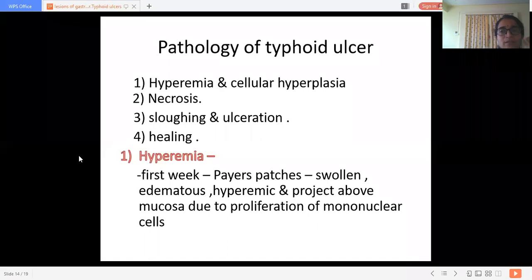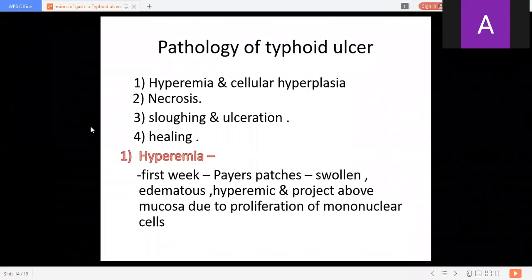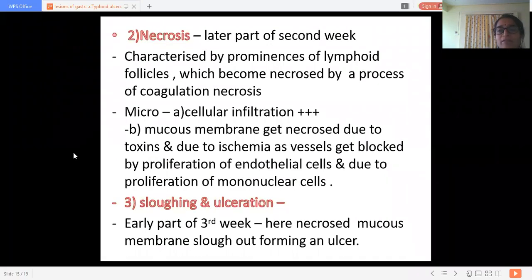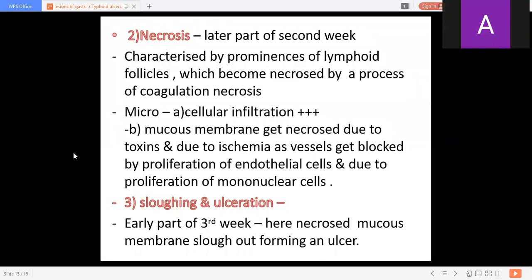I think this topic is done, no? Hyperemia in general pathology, taught by Shinde madam, hyperemia, hemorrhage. Yes or no? Please read about hyperemia, active hyperemia, passive hyperemia, CPC lung, CPC liver.